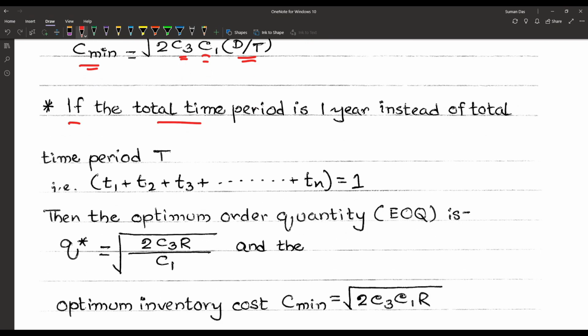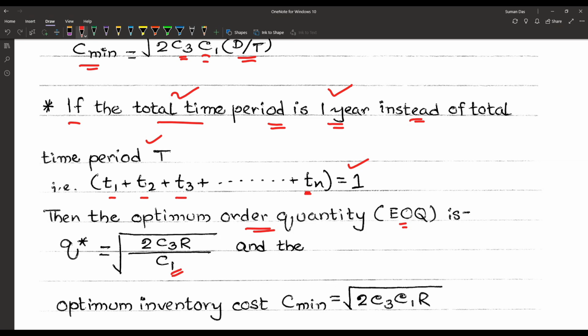Now look at the theory here. If the total time period is 1 year, that means T1 plus T2 plus T3 up to Tn equals 1, then the optimum ordering quantity or EOQ is square root of 2 into C3 into R by C1.